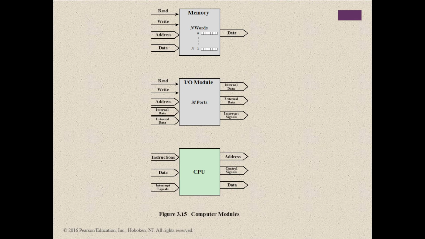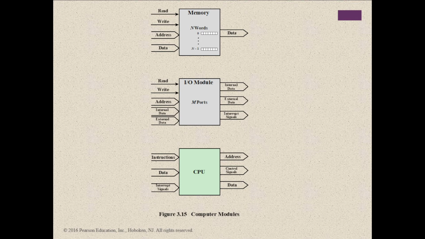Next we have an I/O module. From an internal point of view, to the computer system, I/O is functionally similar to memory. There are two operations, so that's why they are similar, because I/O module also has read and write, just like memory. Further, an I/O module may control more than one external device.